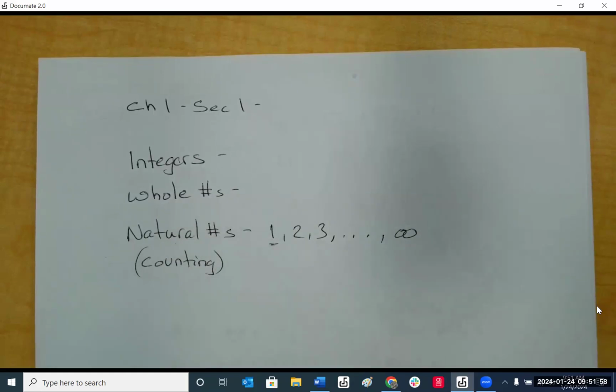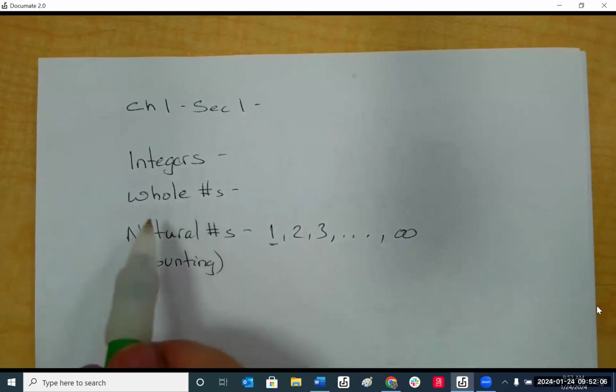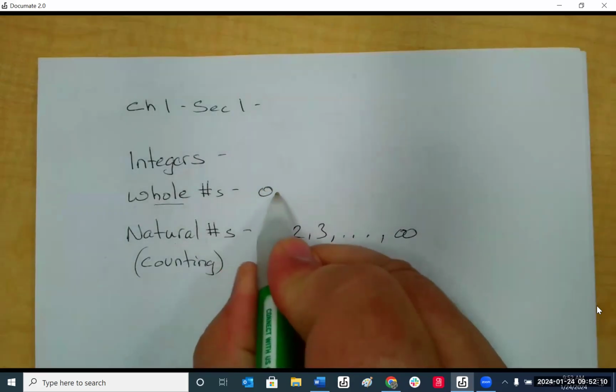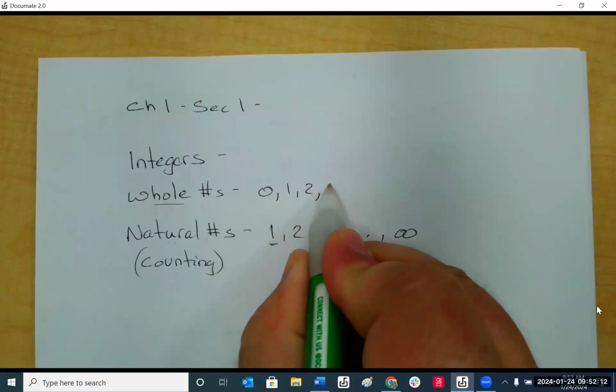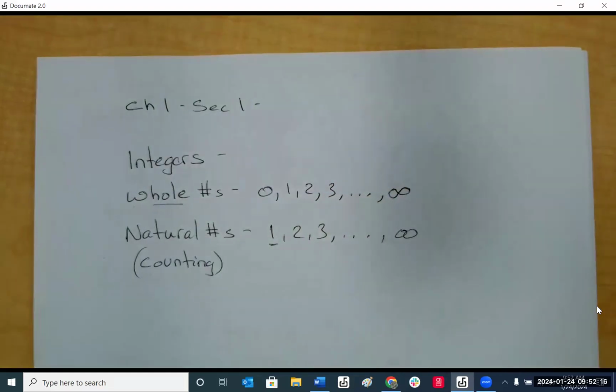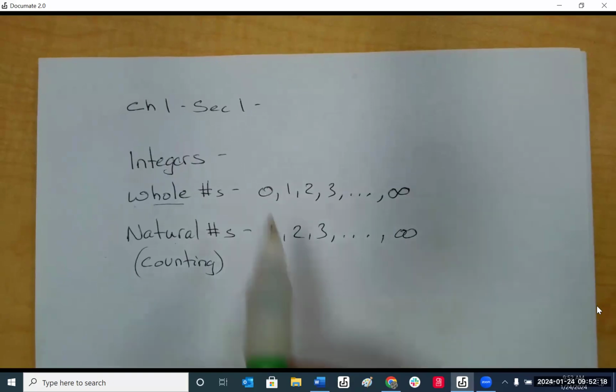What's a whole number? How do they relate to natural numbers? The only difference is these begin with a whole. Whole numbers begin with 0 and go on to infinity. Natural numbers begin at 1, go to infinity.